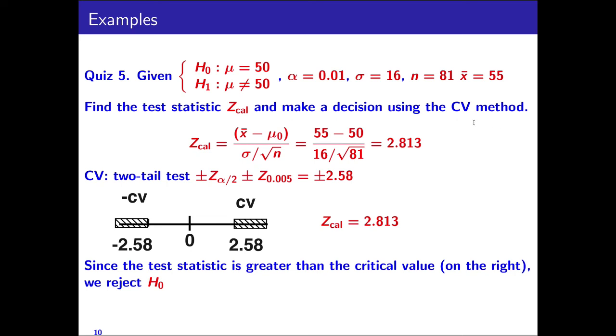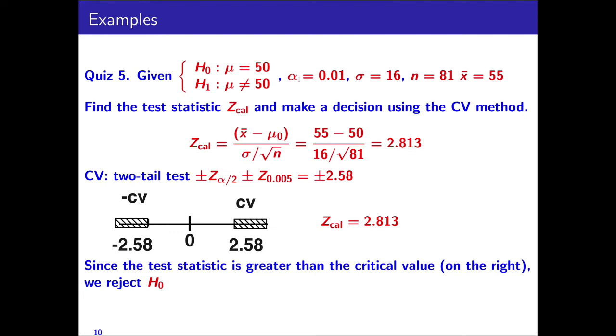the critical value method. So we use the equation zcal equal to x bar minus mu 0 over sigma over square root of n, which is equal to 55 minus 50. That's the right-hand side value, mu 0, or we call that the reference value. That's the numerator, and the denominator is 16 over square root of 81, which is 2.813.